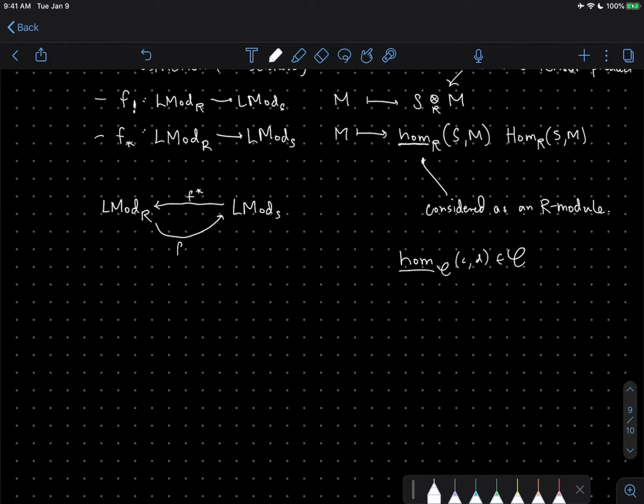This functor is F lower star, and this functor is F lower shriek. These are related in being a sequence of adjunctions, and that's something that we will talk about in the next lecture.